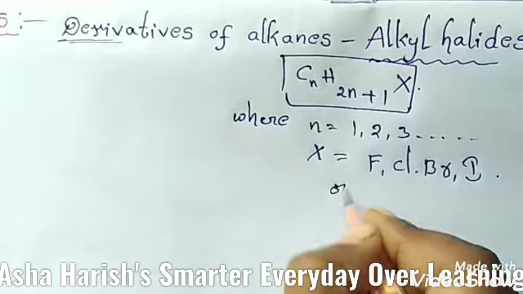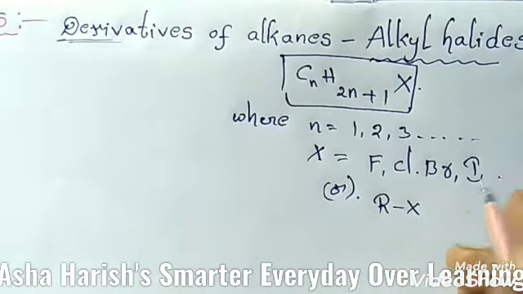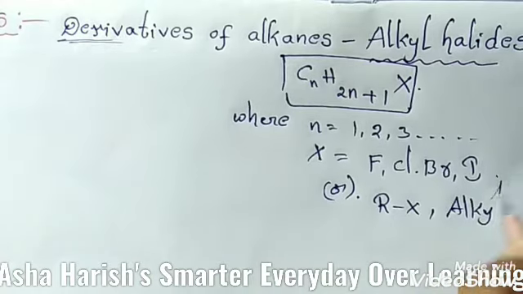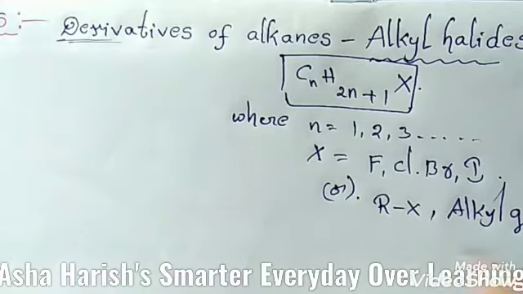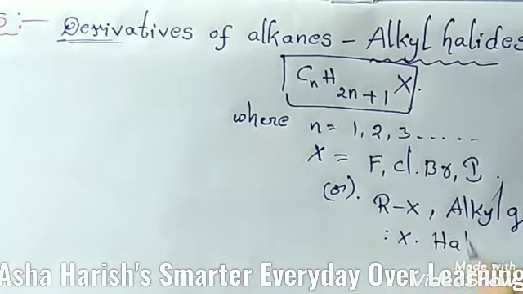Or we can represent this general formula like this, R-X, where R is any alkyl group and X is a halogen.